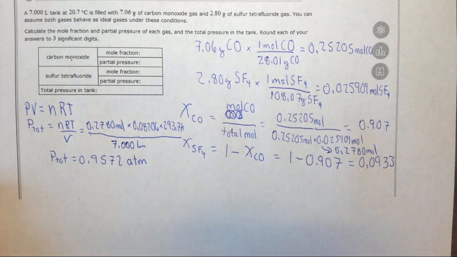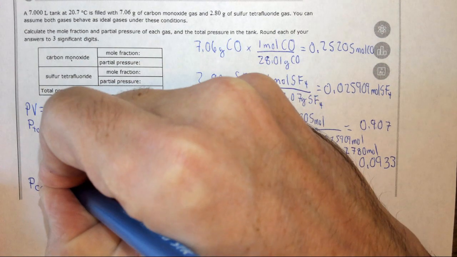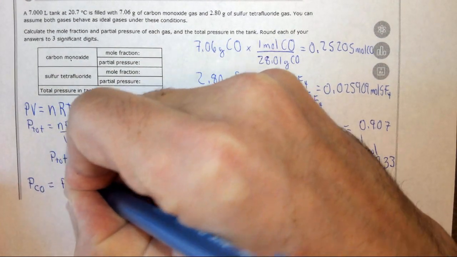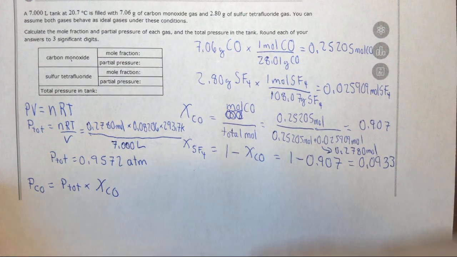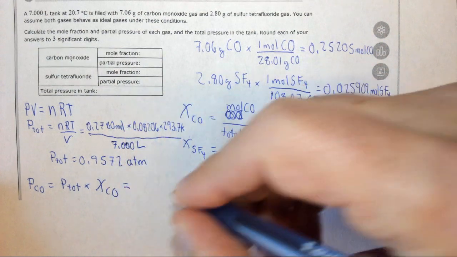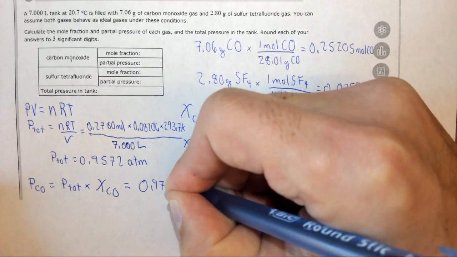Said another way, mathematically, the pressure of CO equals the total pressure times the mole fraction of CO. And this is called Dalton's law of partial pressures. In this case, that is the entire pressure, 0.9572.